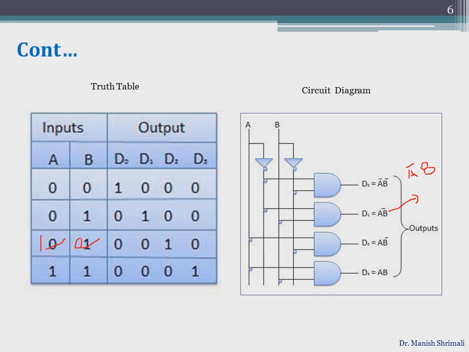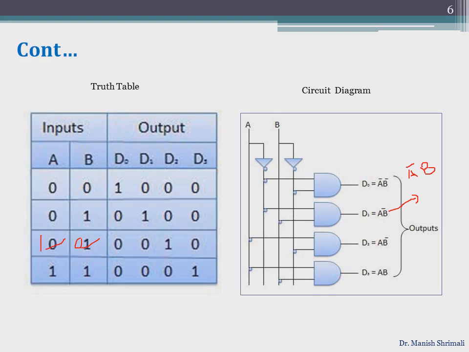From the circuit diagram you can see that D0 is going high when, just let me take you through the working of this. You can see here that this is A bar and here we have B bar. So this is A bar B bar. So D0 will be high when both inputs are 0. That is what the circuit shows.